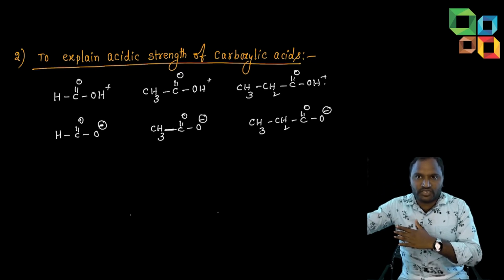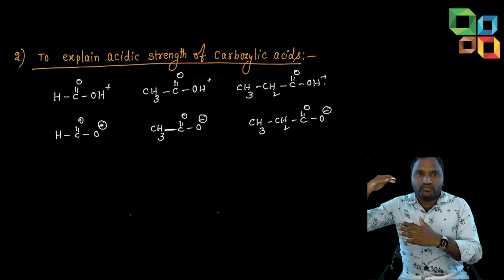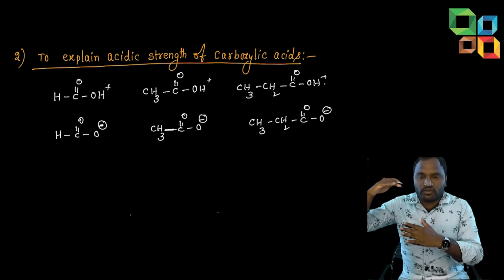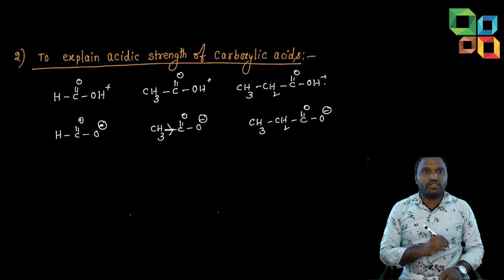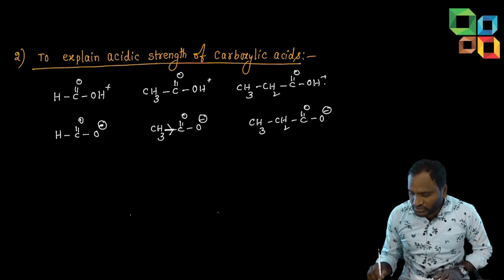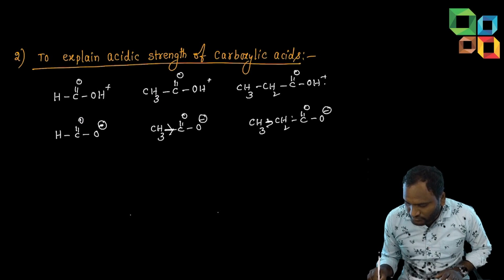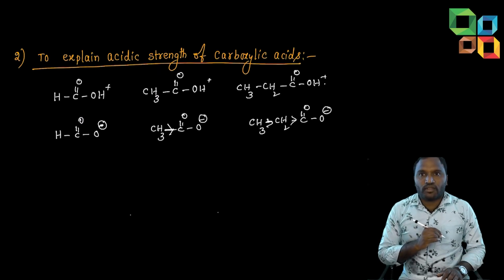After donating H plus ion, O is getting more negative charge, so it is finding some burden. For that burden, again this group is giving extra burden. Here two groups are giving extra burden.